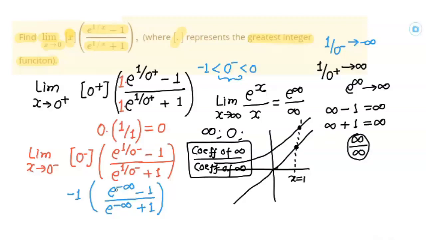What I am going to do is write e to the power minus infinity as 1 upon e to the power infinity. So this will become -1 into (1 upon e to the power infinity minus 1) whole upon (1 upon e to the power infinity plus 1).